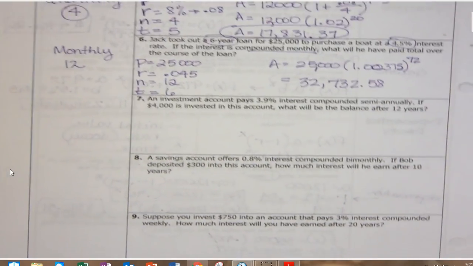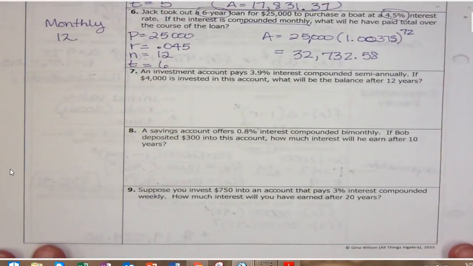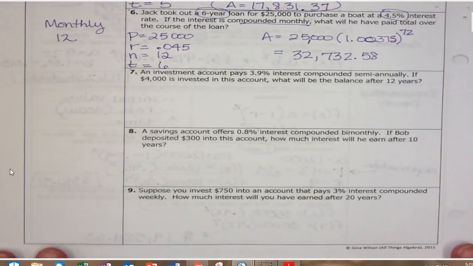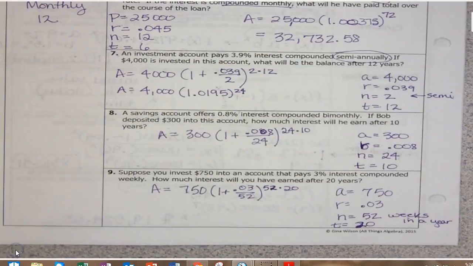So see if you can do 7, 8, and 9. Pause the video, see if you can work 7, 8, and 9, and then come back and I'll give you the answers. So do all three because I'm going to give you the answers to all 3.